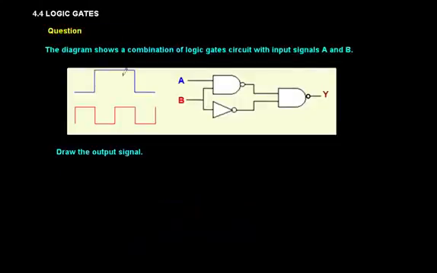Question: the diagram shows a combination of logic gates circuit with input signals A and B. Draw the output signal. First, recognize what the gates are. This is the NAND gate, NOT gate, and this is also the NAND gate. Next, write down what is represented by the signal.